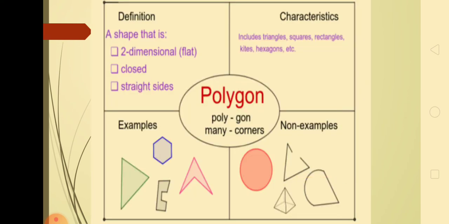Then the next one is the polygon. What is a polygon? A shape that is two-dimensional, flat, and closed with straight line sides is called a polygon. An object with more than two vertices is called a polygon.